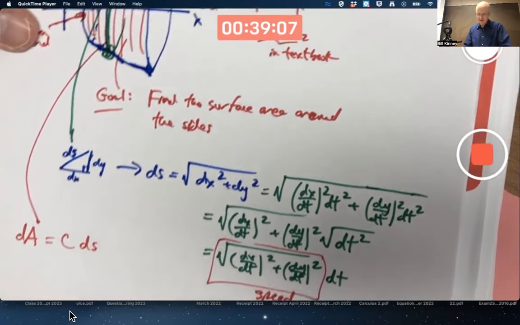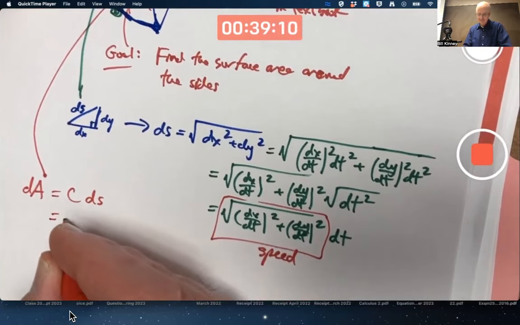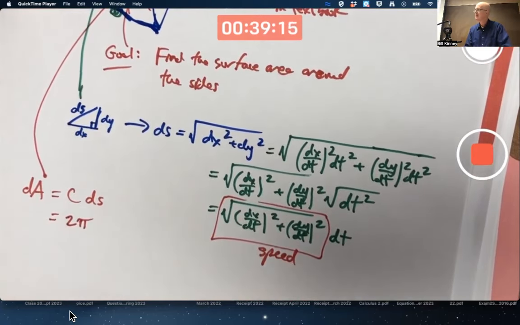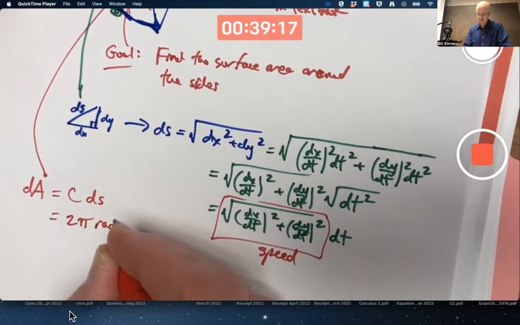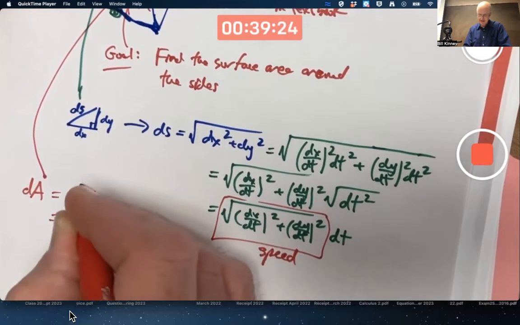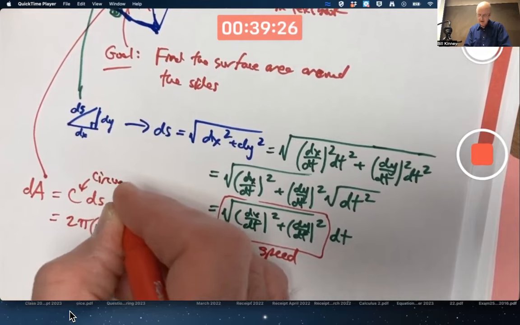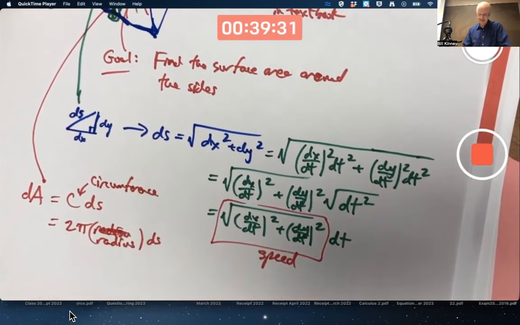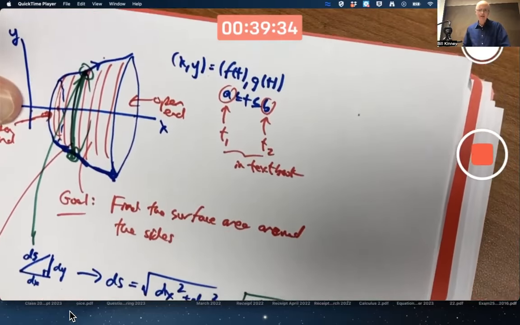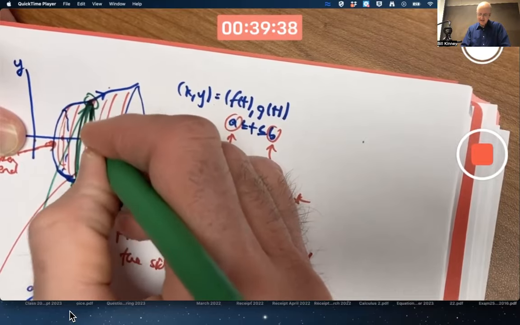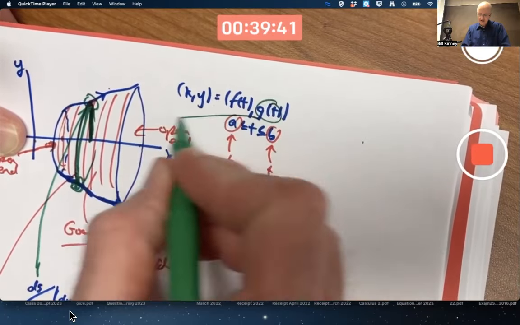But what's the circumference? The circumference is 2 pi times the radius, which I'll just write as radius. Yes, the C is circumference. But what's the radius? In terms of the parameterization, it's the y coordinate. It's this distance right there, which is g of t.